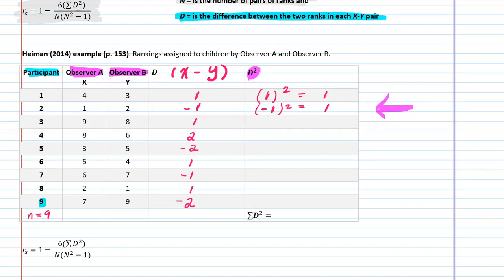Just tattoo it in your brain because it's going to happen to you and you're going to get things wrong. So don't let that be you. 4, 4, 1. I'm in trouble with the lines here. It's kind of confusing. 4. And then I'm just going to add this column. When I add that, it is 18. And that is going to give me the sum of D squared.